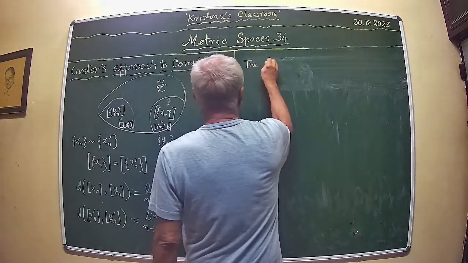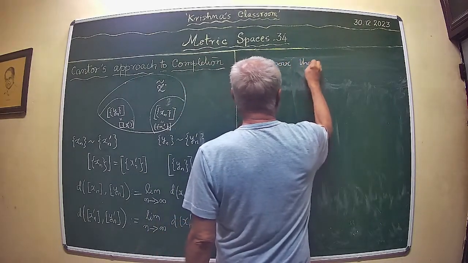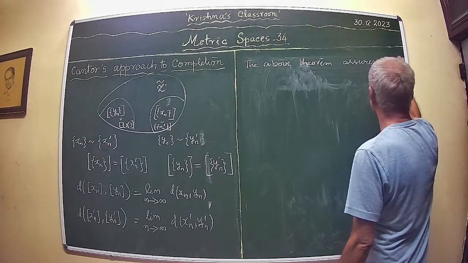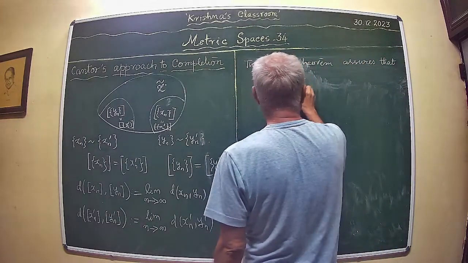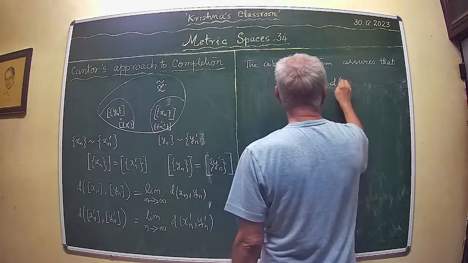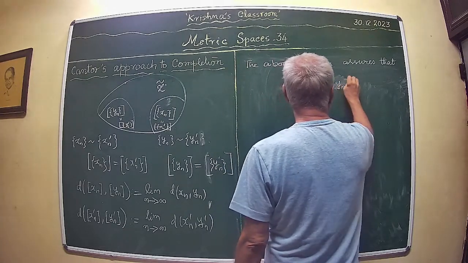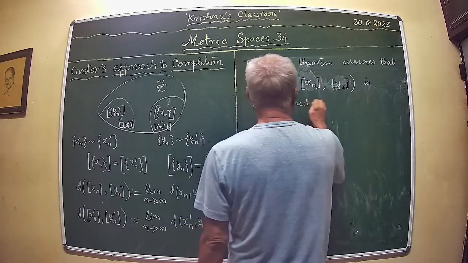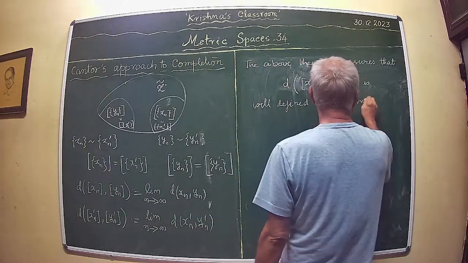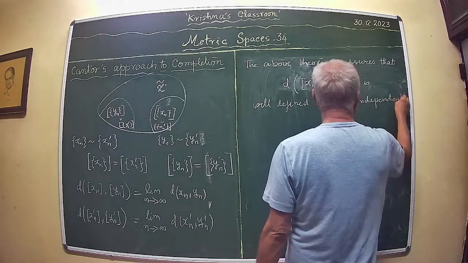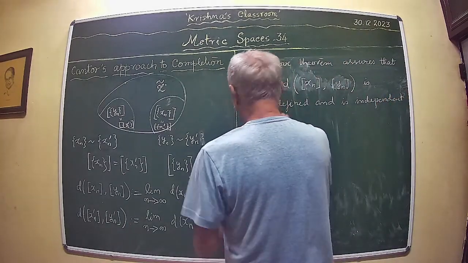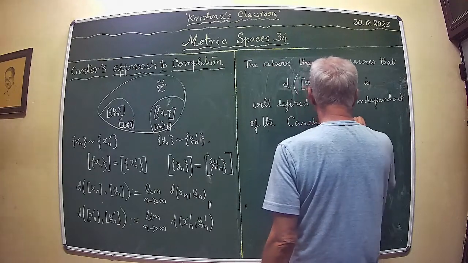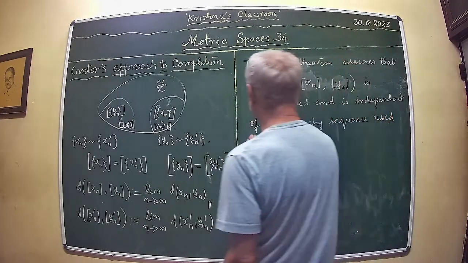So the above theorem assures that D is well defined and is independent of the Cauchy sequence designated.